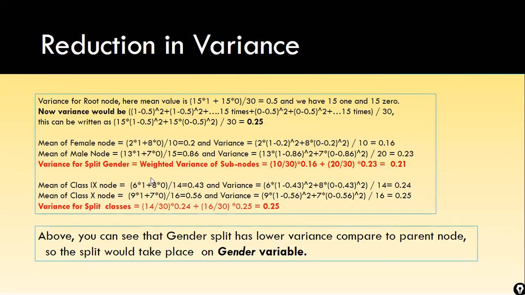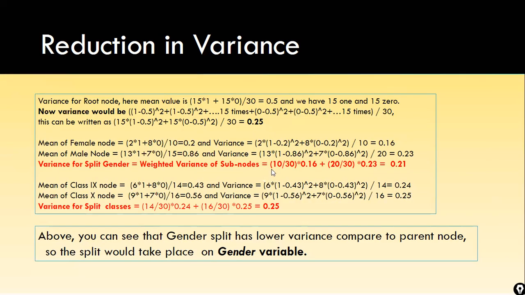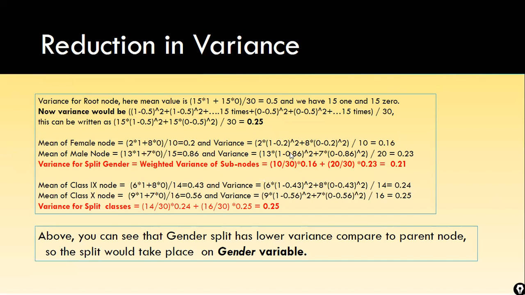The next one is the female node. 10 students are there, and of the 10 students, only 2 play cricket. So class 1 is 2 and class 2 is 8. Mean of the female node: 2 into 1 plus 8 into 0, divided by 10, gives 0.2. The variance is 2 into (1 minus 0.2) squared plus 8 into (0 minus 0.2) squared, and so on. Similarly for the male node.